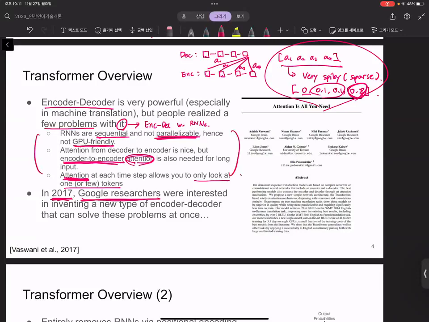These three problems are solved at once: parallelizable, encoder side attention, and can see multiple tokens at a time. And this is realized by transformer. The paper is named "Attention Is All You Need." This is a NeurIPS paper.